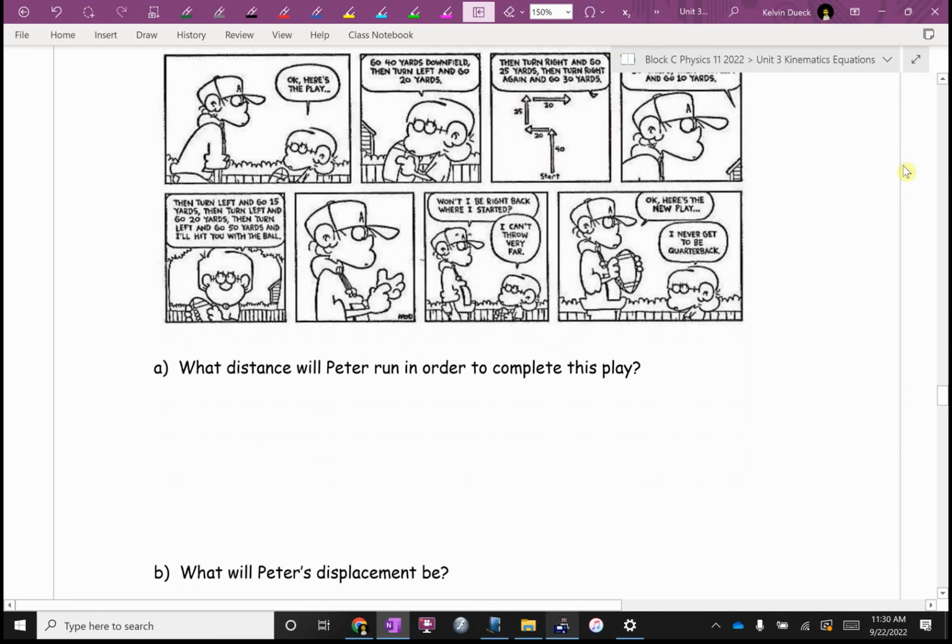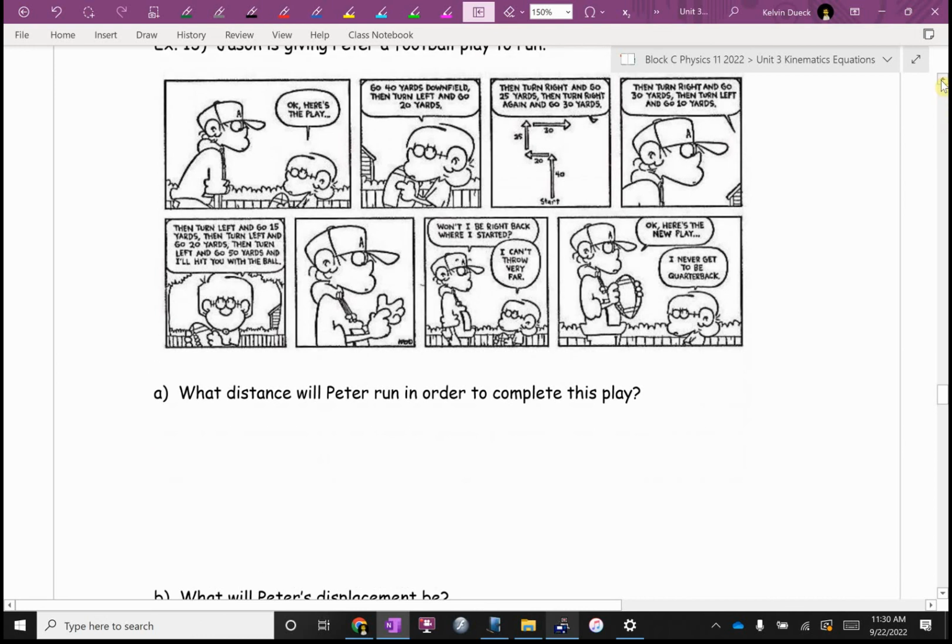So here's the first question. What distance will Peter run in order to complete this play? Well, D equals, let's see, 40 yards downfield, and then 20, and then 25, and then 30, and then another 30, and then a 10, and then a 15, and then a 20, and then a 50.